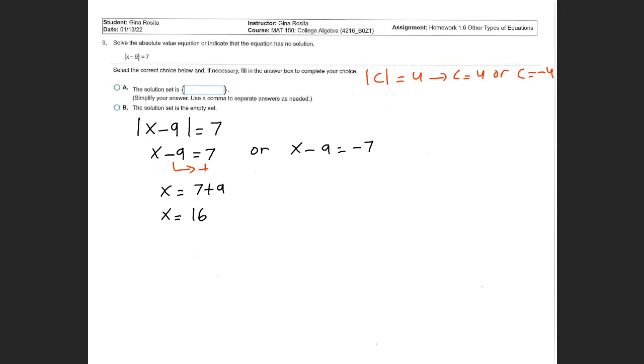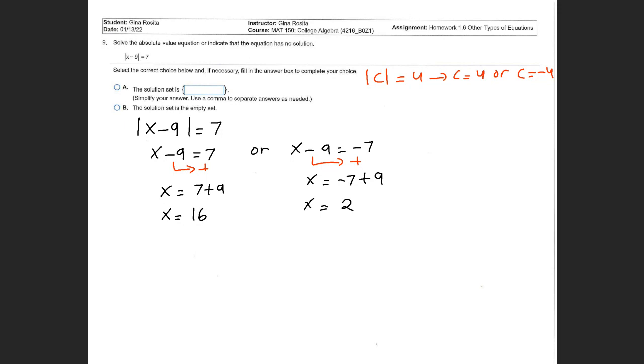Now the next one. Move 9 to the right side, it becomes positive. So x equals negative 7 plus 9, which is 2. After that, you just plug in and check whether your answer is right or not. This is your job to continue.